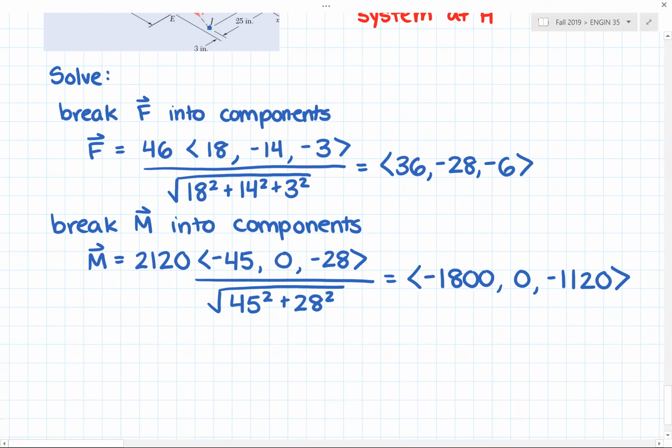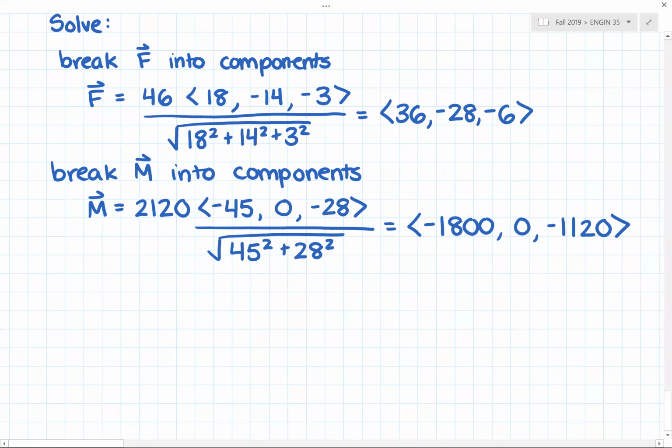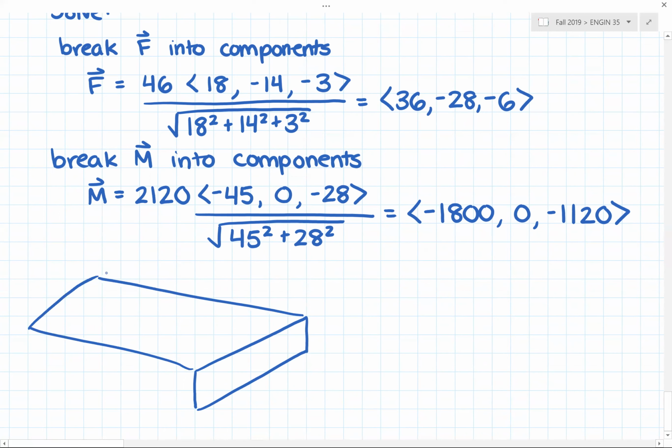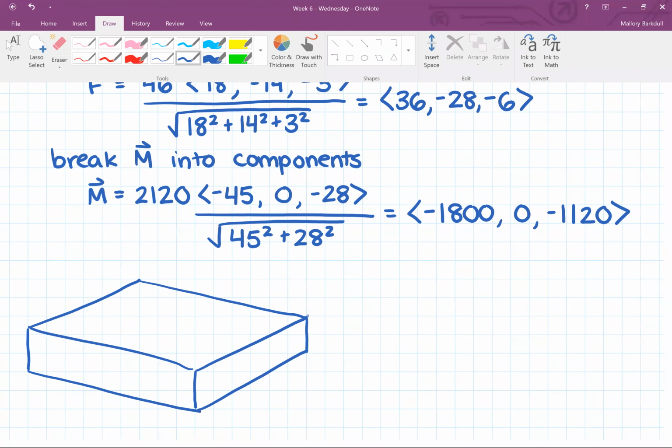So let's go ahead and draw what this looks like on this object. So we have this long rectangular prism. It's not great. Let's draw our axes in here.